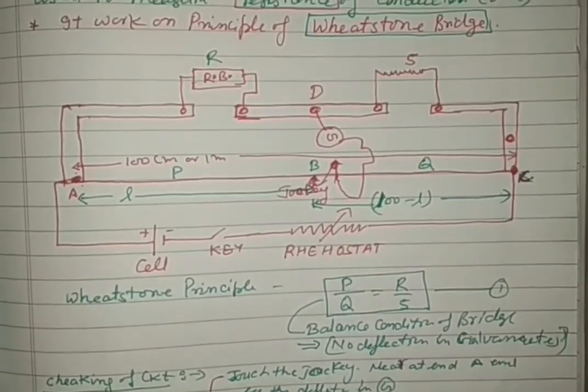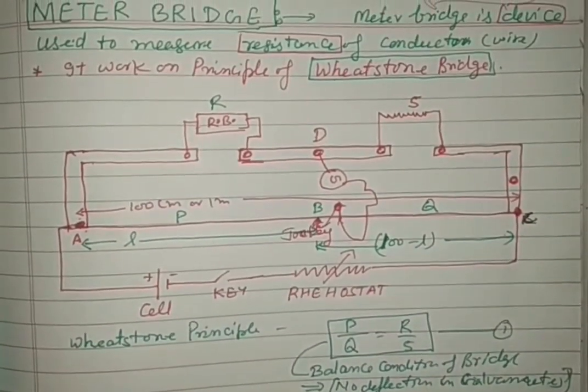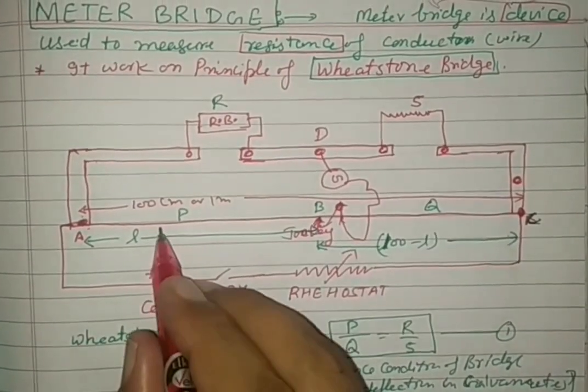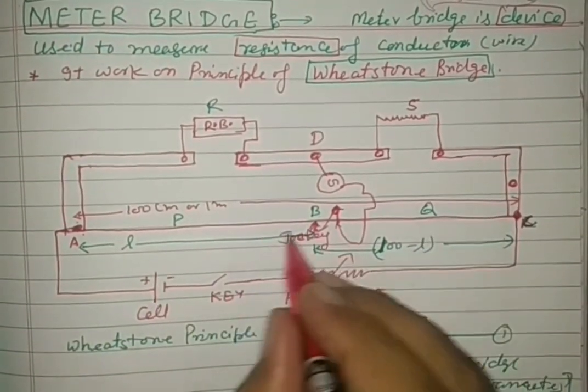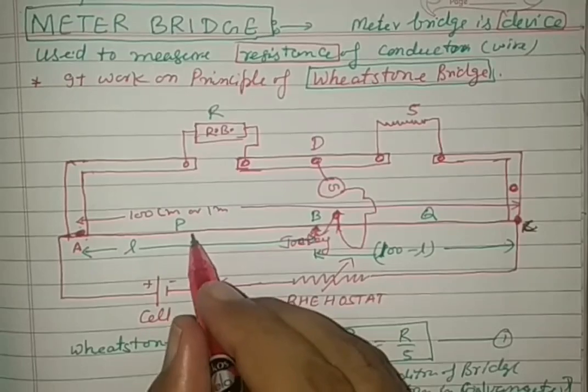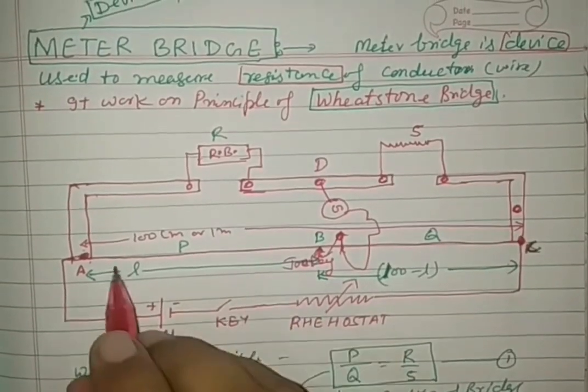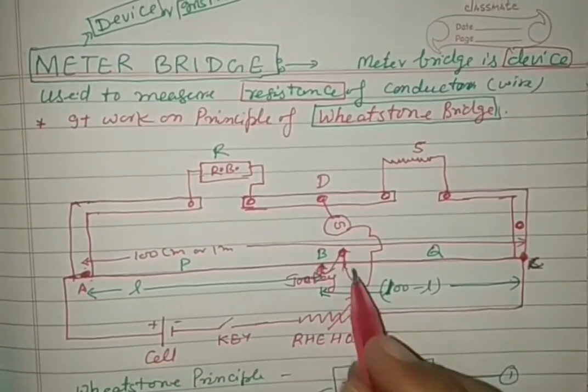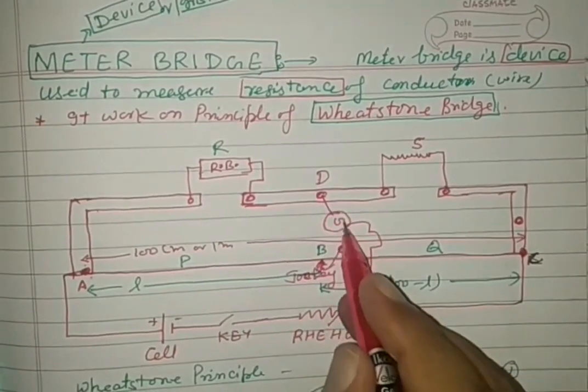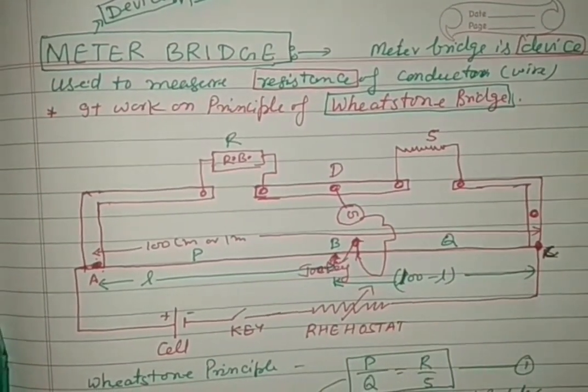Right? Now slide the jockey gently, step by step, moving away from me, until a stage is reached when there is no deflection in the galvanometer.